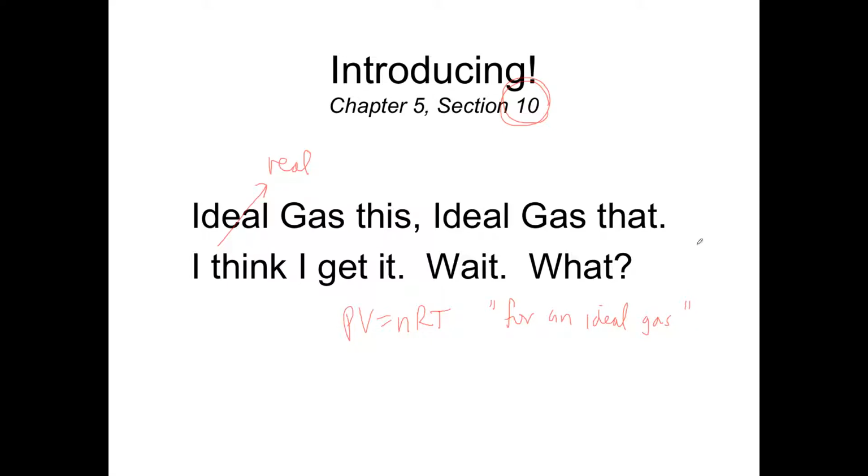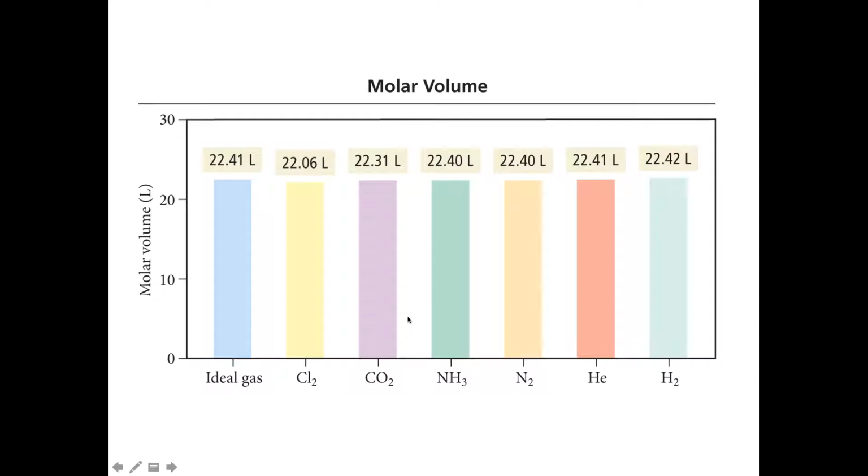PV is equal to nRT is an excellent approximation. But in reality, there are two corrections that we've got to take into consideration. It's a very small portion of what you've got to worry about in understanding gases, but it matters. So let's talk now about real gases.